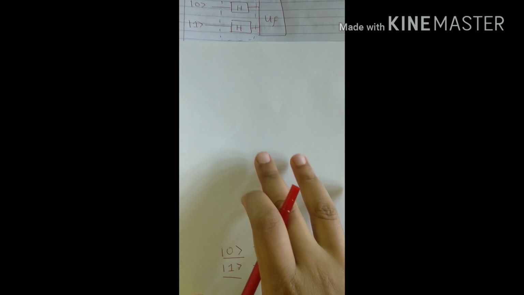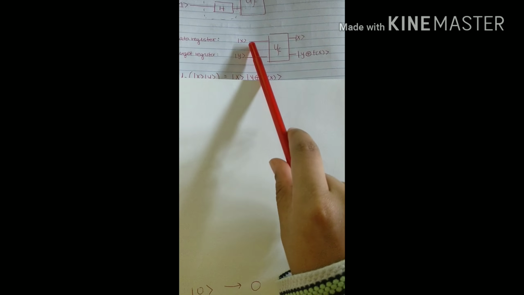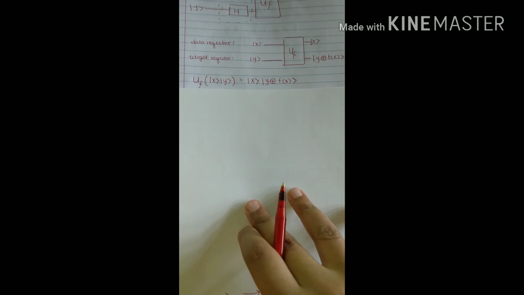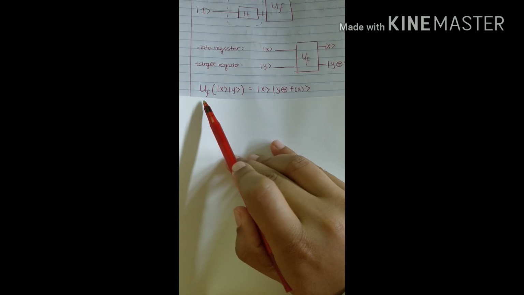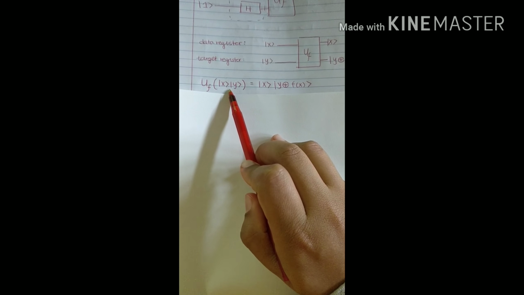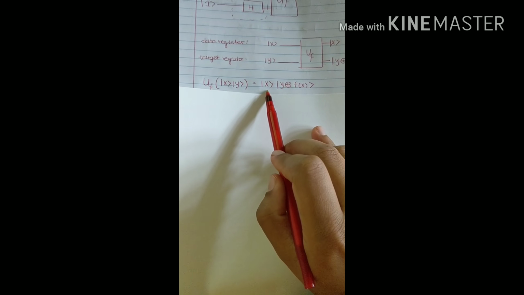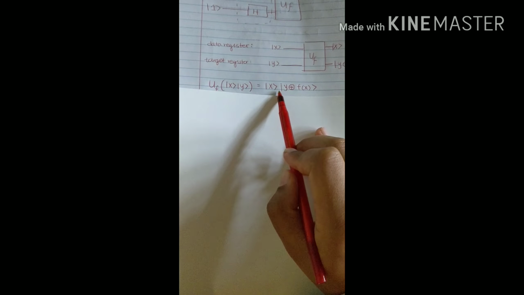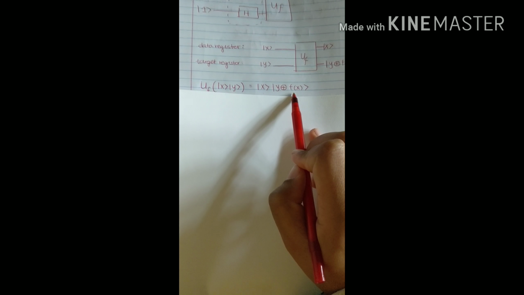Let's talk about the quantum oracle really fast so that we can get a better understanding of what's going on. Recall that this is the quantum oracle, and when given this set of inputs, it produces this set of outputs. Algebraically, U of f applied to x tensored with y is equal to x tensored with y binary added to f of x.